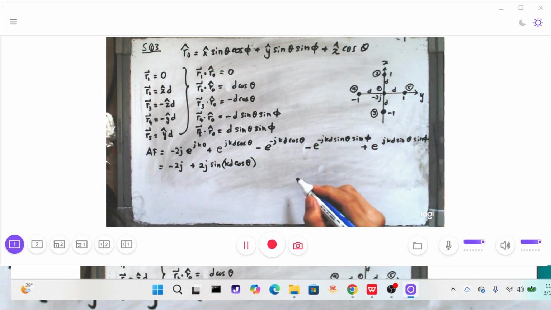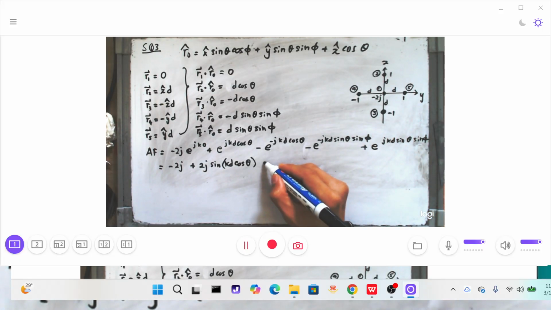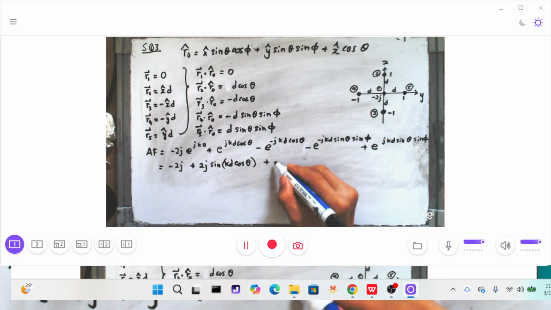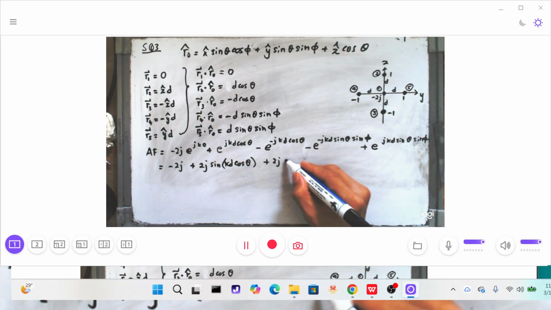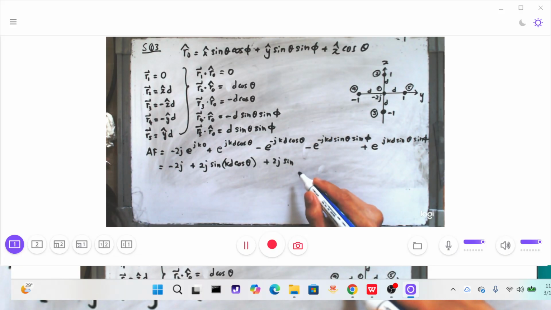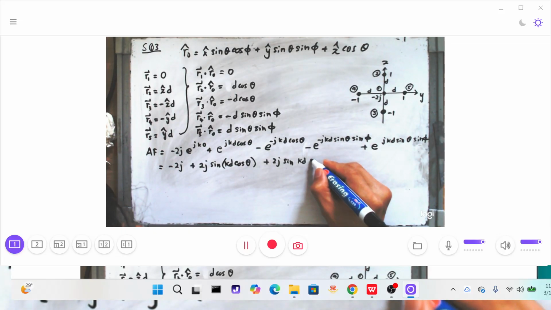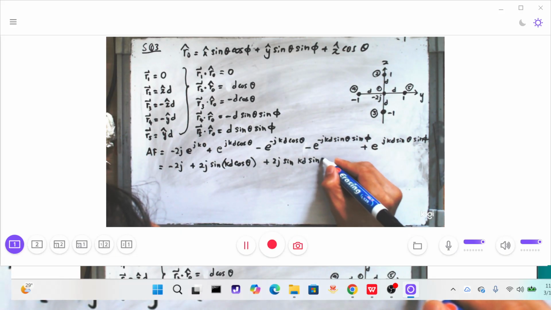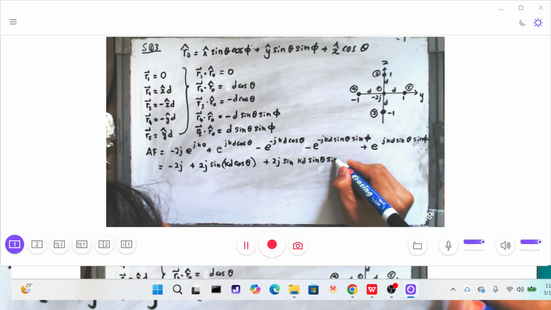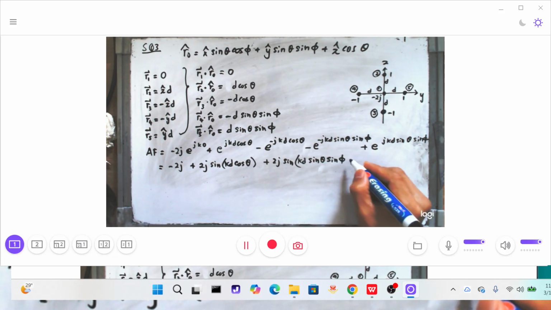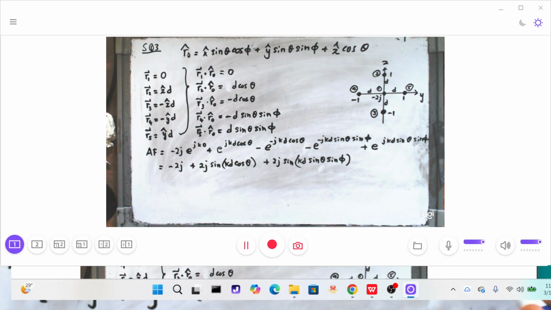So if you combine this, then you will become 2j sine kd sine theta sine phi. So the first part of the question is done.